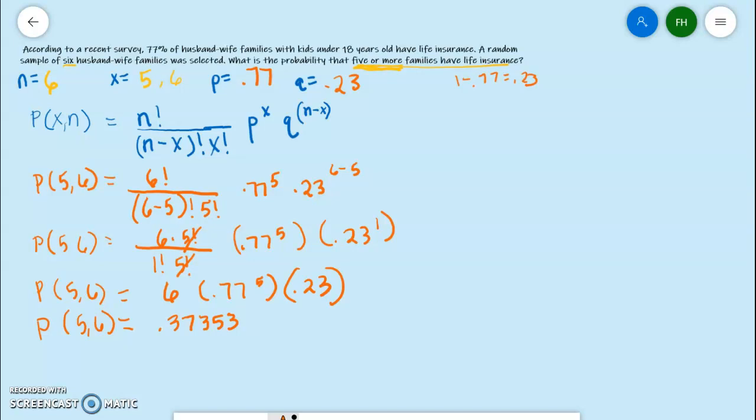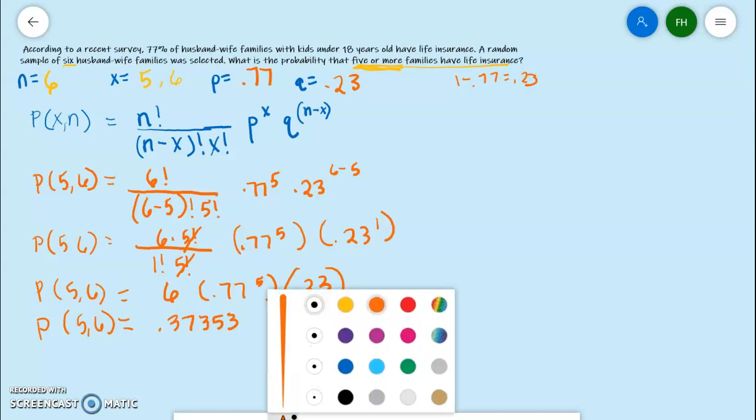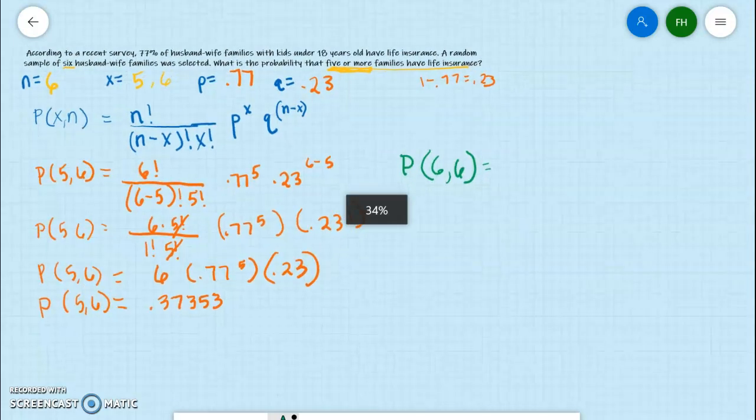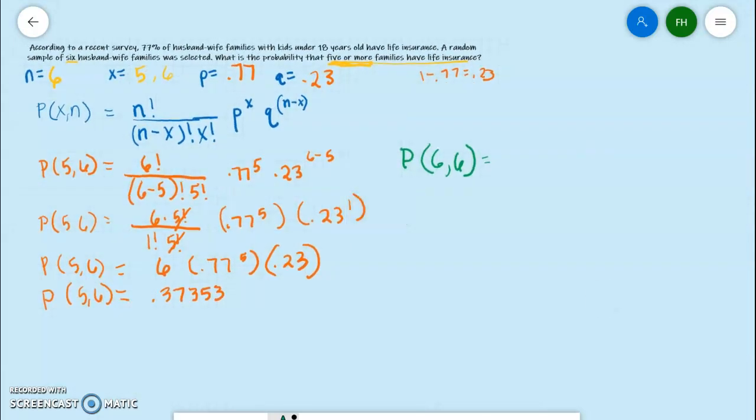So now we're going to do the probability of 6 families having life insurance out of a sample size of 6. Let me write our values over here so we don't get confused.